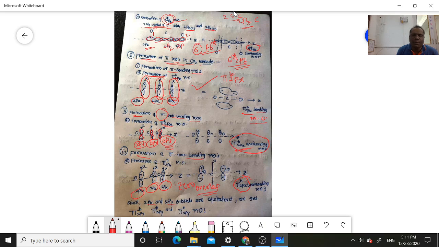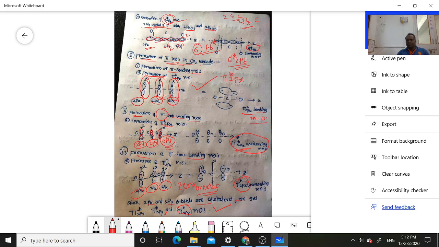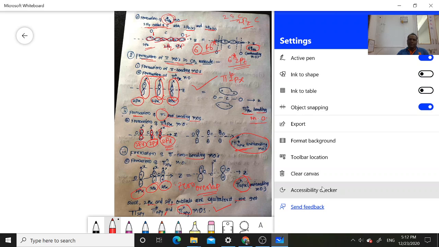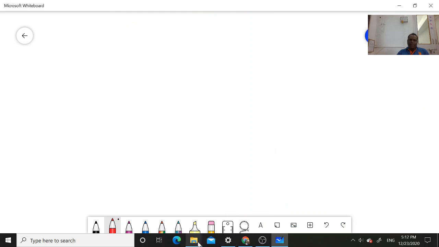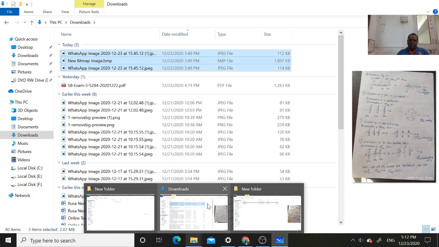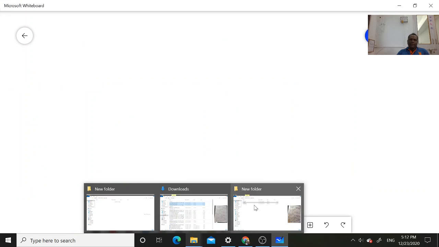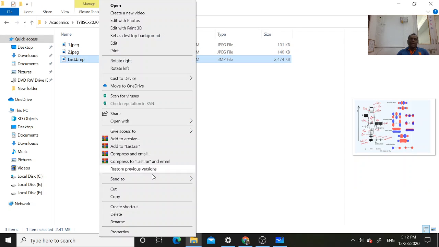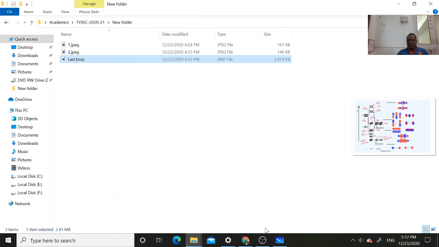Since the 2px and 2py orbitals are equivalent, we get the pi 2py bonding, pi star 2py antibonding, and pi 2py non-bonding molecular orbitals. So there are three types of molecular orbitals in the CO2 molecule: the bonding molecular orbital, the non-bonding molecular orbital, and the antibonding molecular orbital. Right.